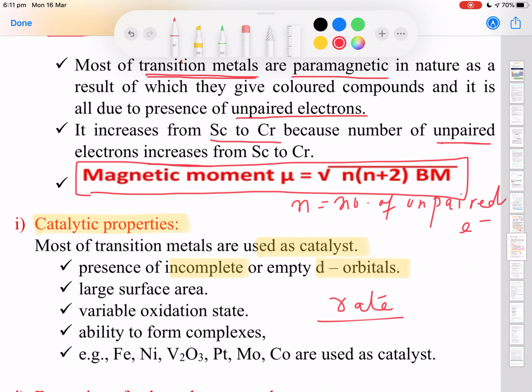Catalysts basically enhance the speed of the reaction, and all those elements which have empty d orbitals amongst these transition metals behave as good catalysts. Like iron, you have heard about, iron acts as a catalyst, nickel acts as a catalyst, right? So why? Because of the presence of unpaired electrons. And of course, variable oxidation state we have already discussed, and they also possess large surface area. So here very clearly it is mentioned.